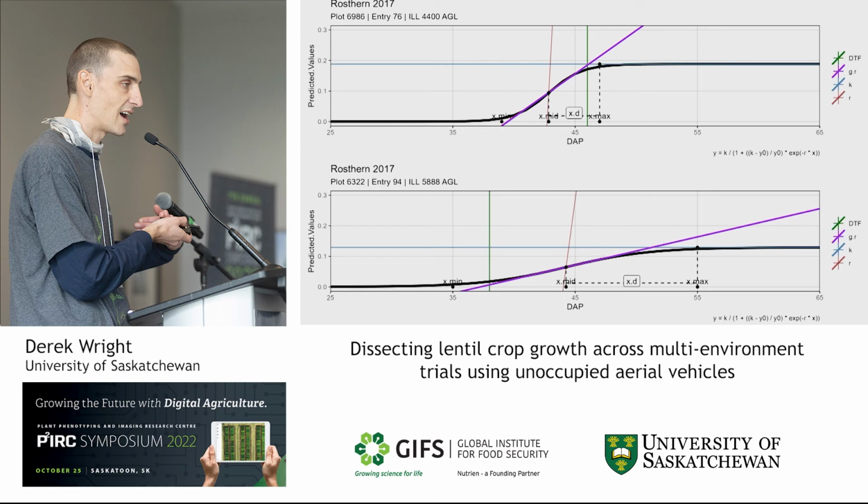How long does it take for the doubling time of this line? What is the growth rate during this linear portion of the growth? And then I also have this green line again to indicate when they're flowering. So now we can ask ourselves, when is all this occurring in relation to their flowering? And so these are just extra data points we can extract out of that.